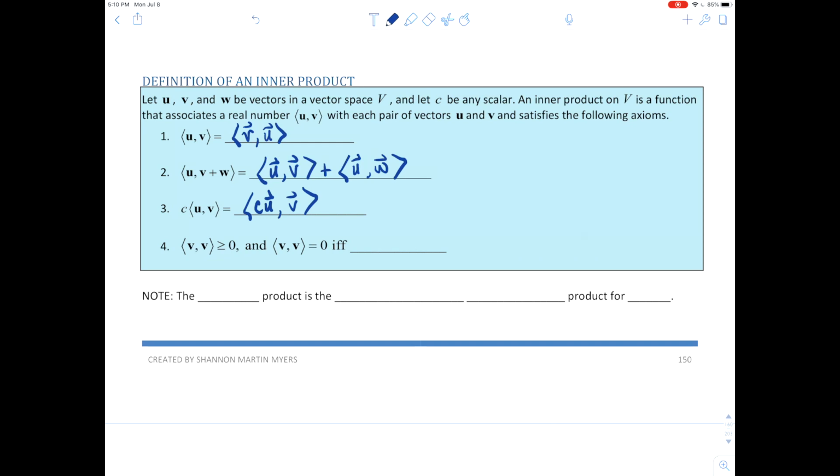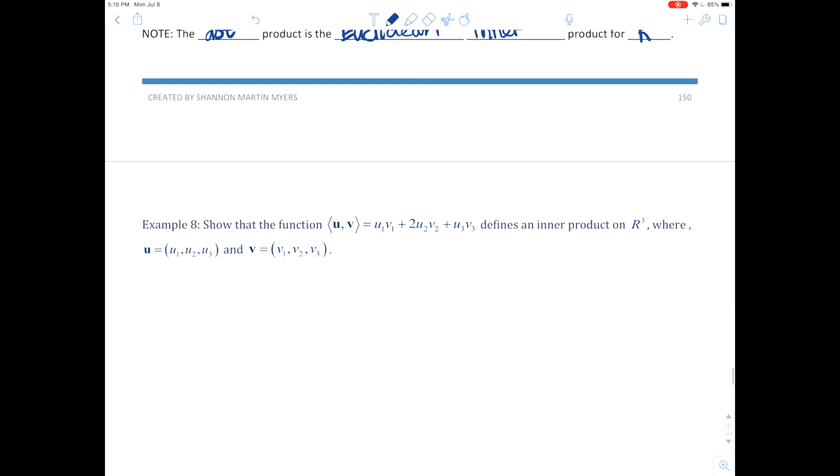And then the inner product of v with itself is greater than or equal to 0, and the inner product of v with itself being equal to 0 only happens when v is the 0 vector. So like I hinted to you, the dot product is the Euclidean inner product for Rn. Groovy, huh?